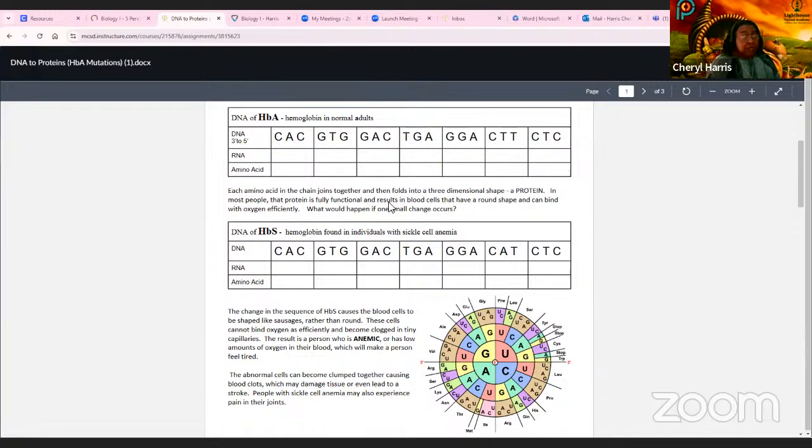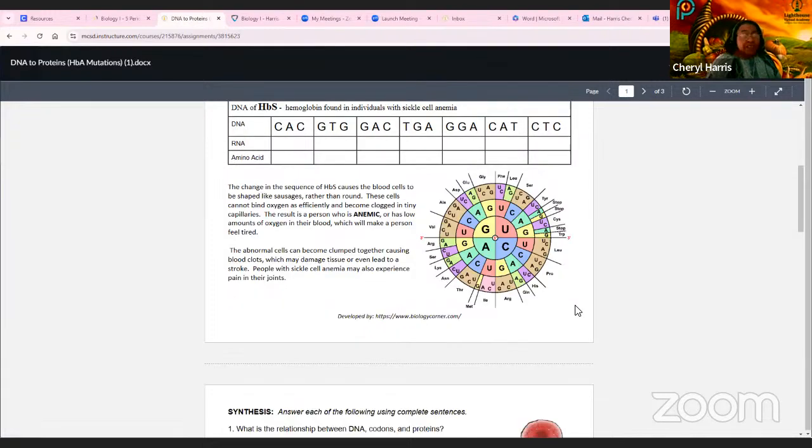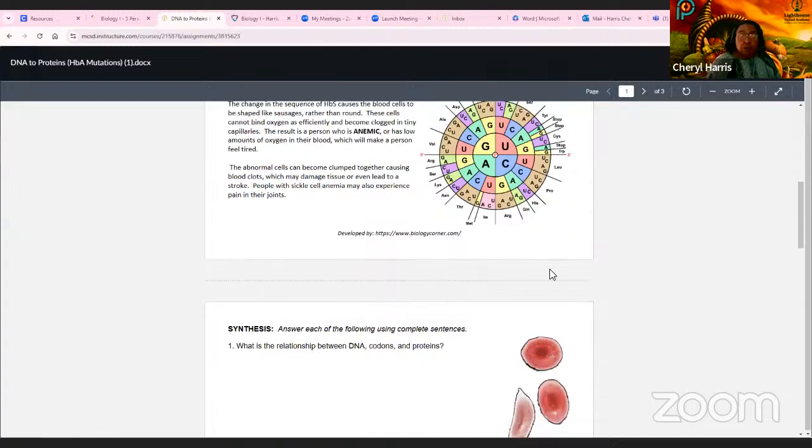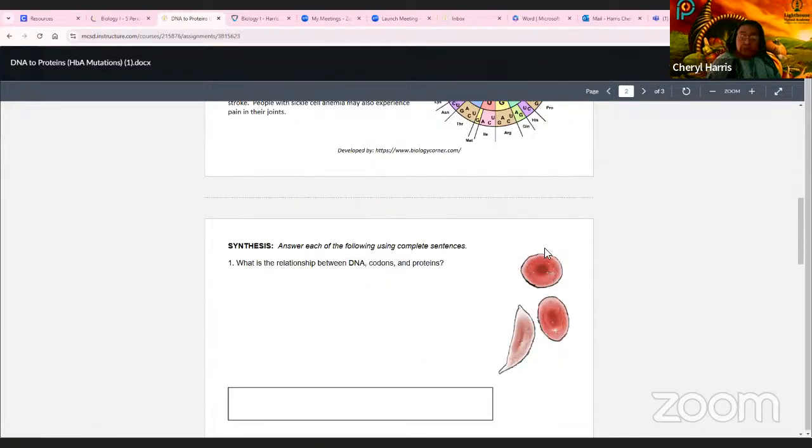And when it's not the same, it's going to create a different code on your messenger RNA, and then the messenger RNA is going to tell the tRNA to get a different protein. Sorry, a different amino acid. Now, the effect of that is that a regular one makes a regular shaped red blood cell, and the defective or mutated one makes a sickle shaped red blood cell.